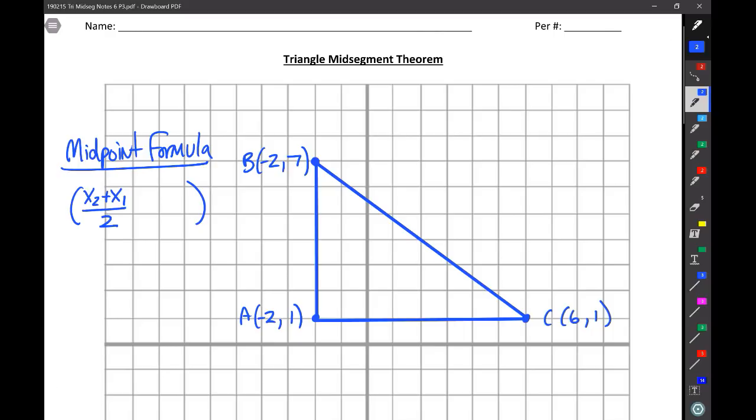When we say X2 and X1, we're talking about an X value from the second ordered pair and an X value from the first ordered pair. You've seen stuff like this back in algebra when we talked about the slope formula. So for the X coordinate of the midpoint, we add the two X values together and divide by 2. And for the Y, it's the same thing: Y2 plus Y1 divided by 2 as well.